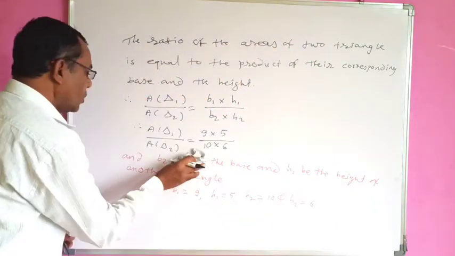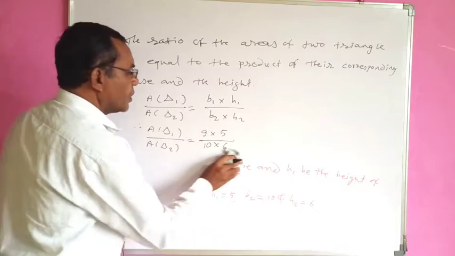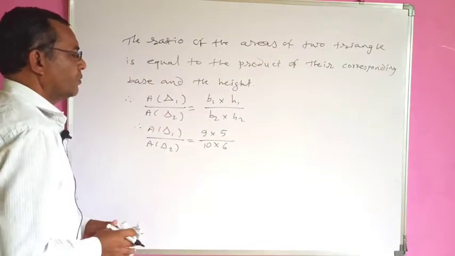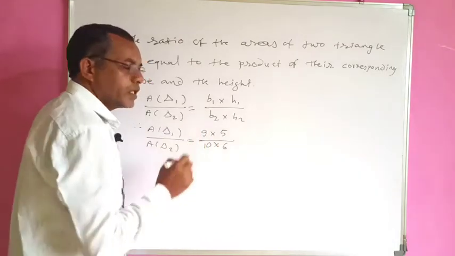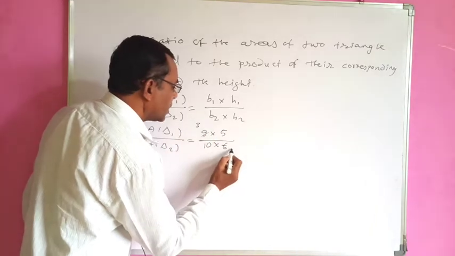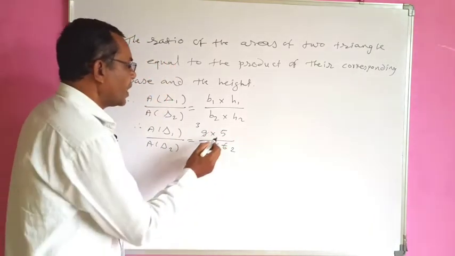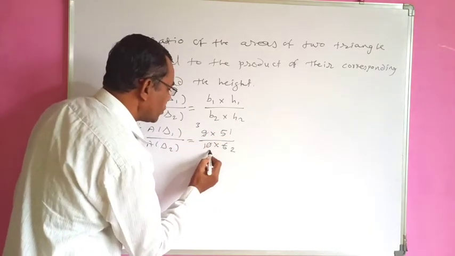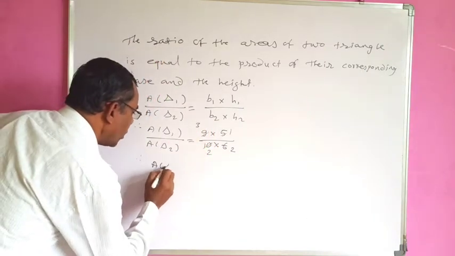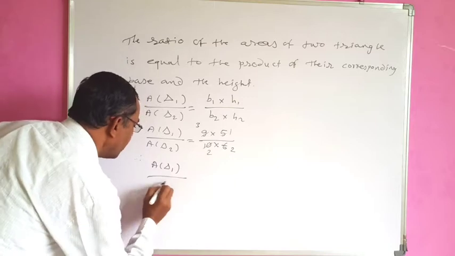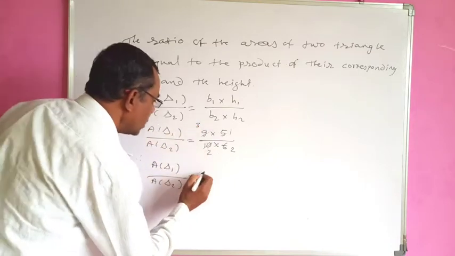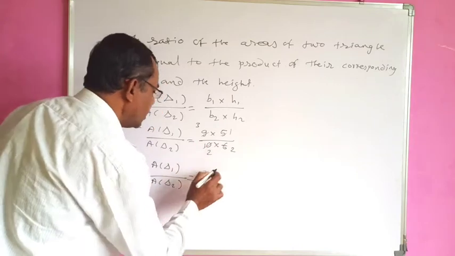Okay, now here 9 and 6 will be cut by 3: 3 threes are 9 and 3 twos are 6, and 5 ones are 5, 5 twos are 10. Therefore area of triangle 1 by area of triangle 2 is equal to 3 ones are 3 and 2 twos are 4.